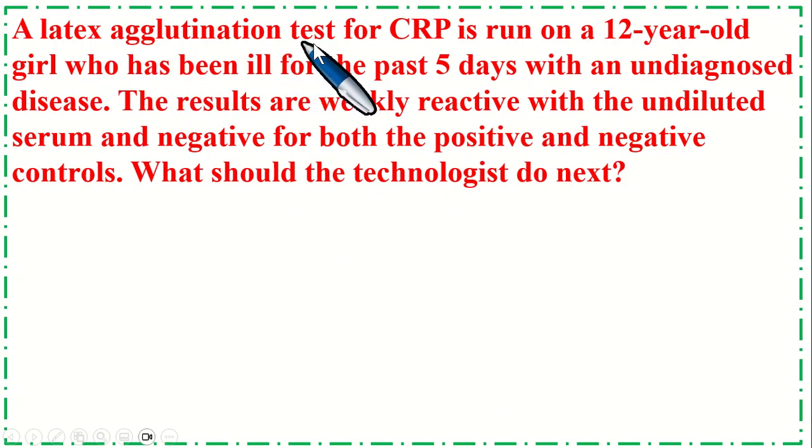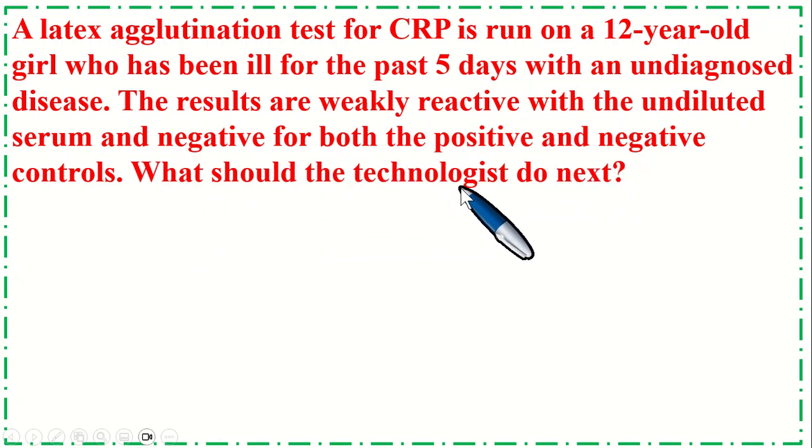A latex agglutination test for CRP, C-reactive protein, is run on a 12-year-old girl who has been ill for the past 5 days with an undiagnosed disease. The results are weakly reactive with the undiluted serum and negative for both the positive and negative controls.